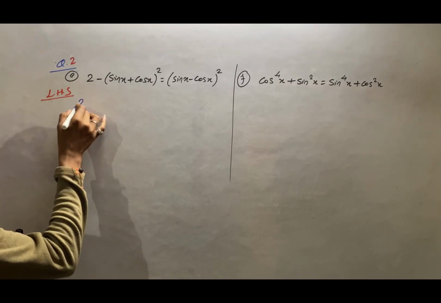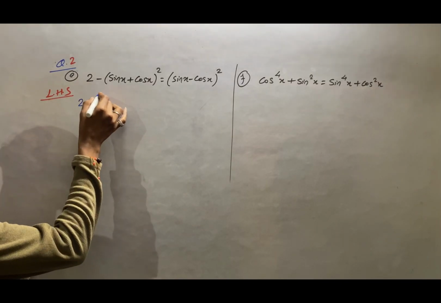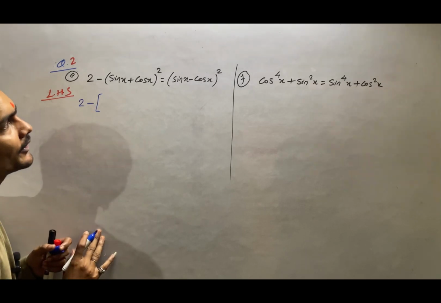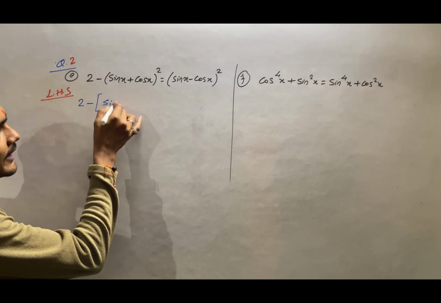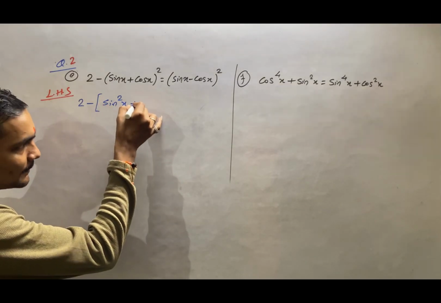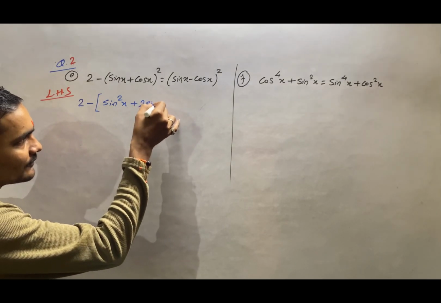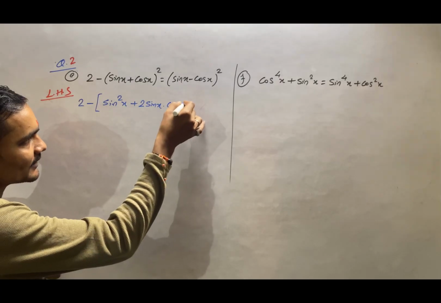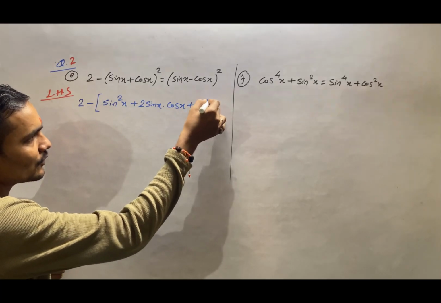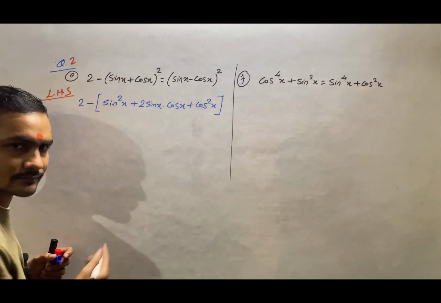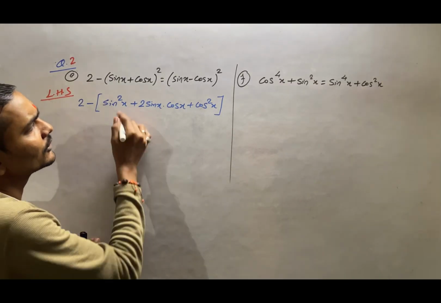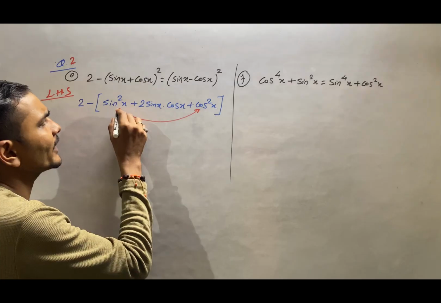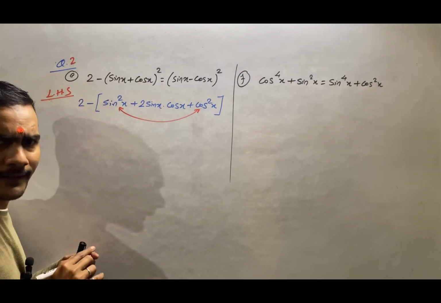So if we can expand this, then negative 2. Let's apply the whole square formula in bracket. So here we can say sine square of x plus 2 times of sine x times cos x plus cos square of x. Now here we know the sine square of x and cos square of x is 1.